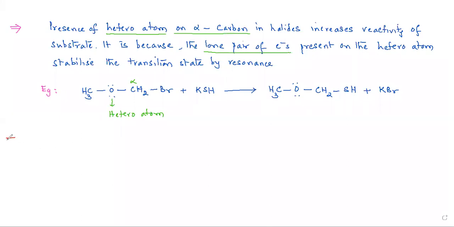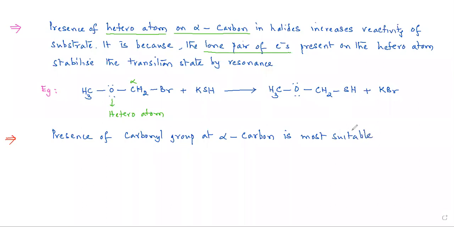And one more very, very important point. The presence of carbonyl group at alpha carbon is most suitable for SN2. Most suitable.